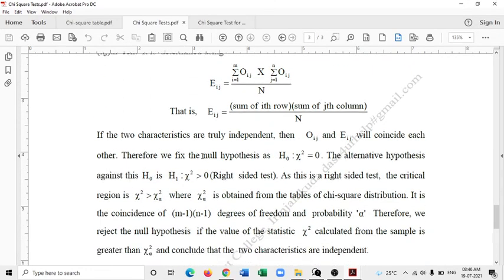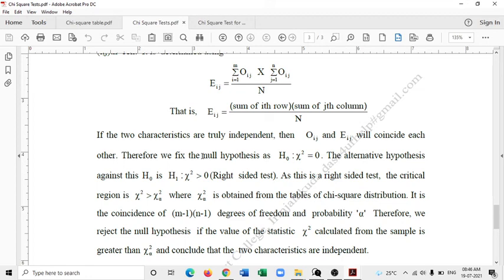The critical region corresponding to the alternative hypothesis H1 is chi-square greater than chi-square alpha, where chi-square alpha is from the tables of chi-square distribution. It is the value at the intersection of m minus 1 into n minus 1 degrees of freedom and probability alpha.